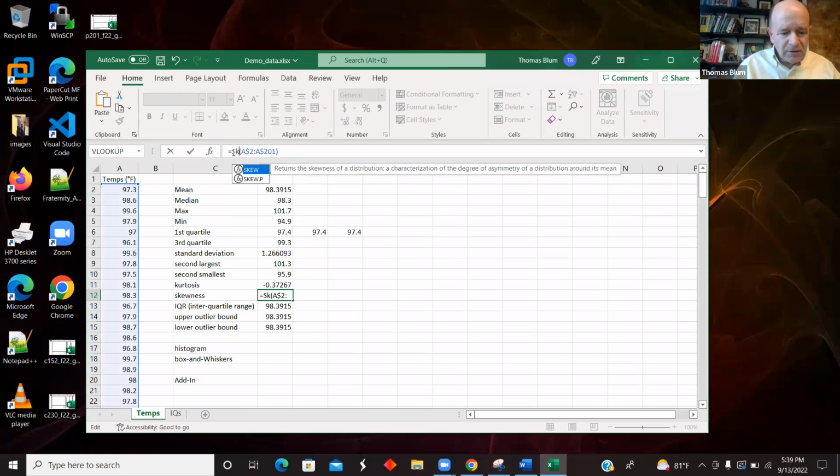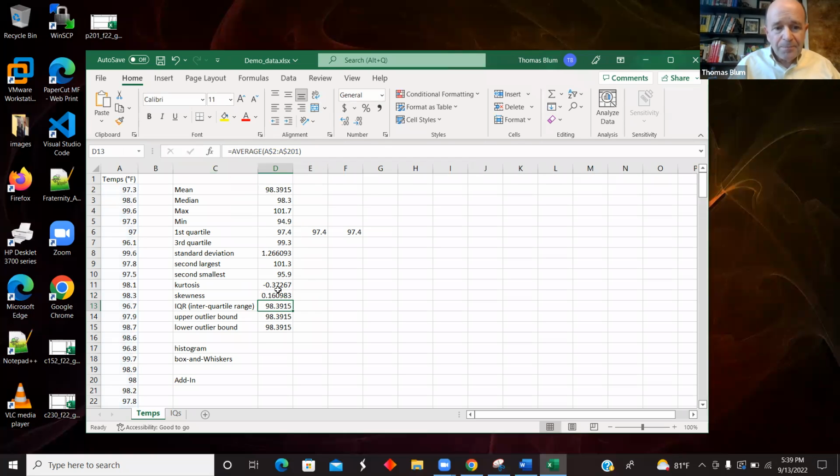In Excel, you have a formula named SKEW. You have these measures of centrality, and then the distribution goes from the center off to the tails. Is it the same on both sides, or is it tilted one way or the other?